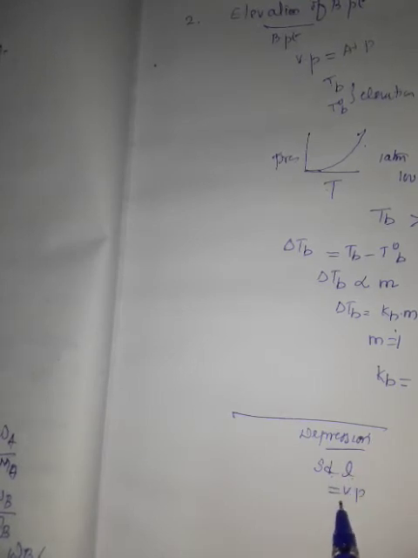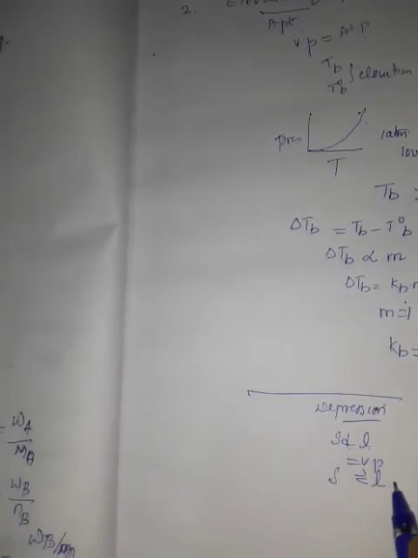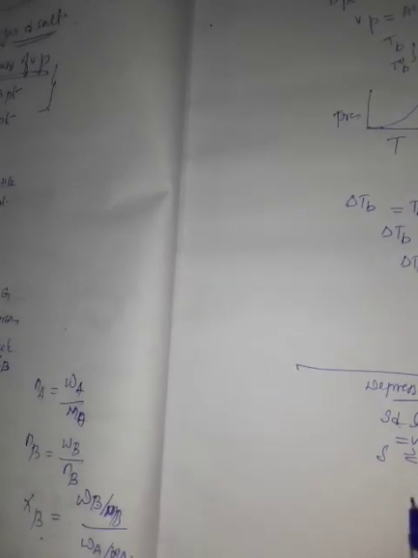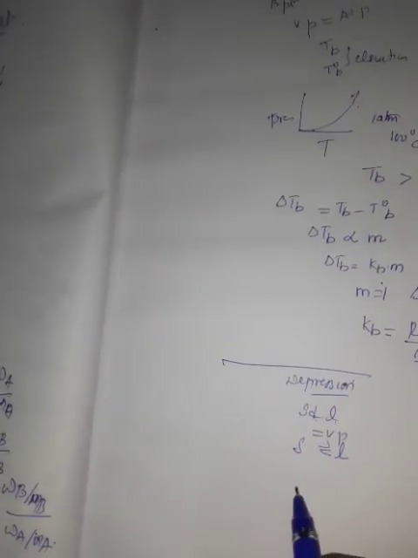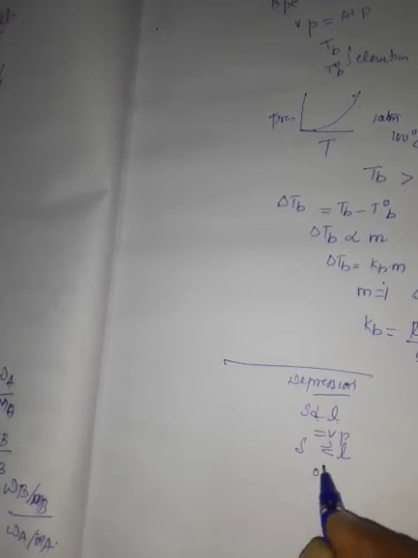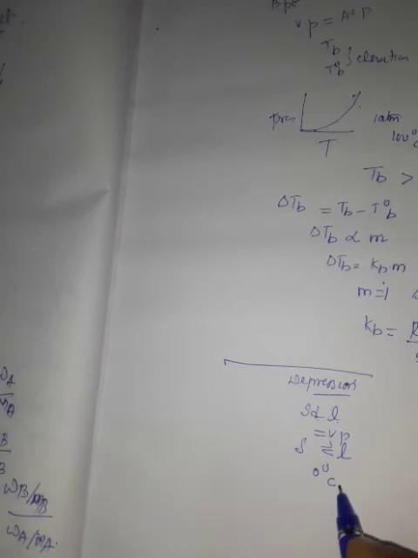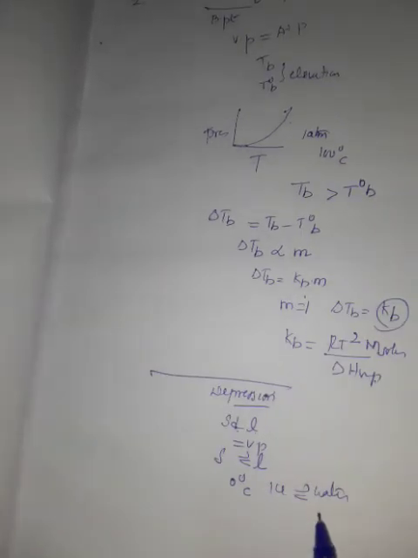So at freezing point, solid and liquid phases are in equilibrium. For example, the freezing point of water is 0 degrees Celsius. At this temperature, ice and water are in equilibrium.